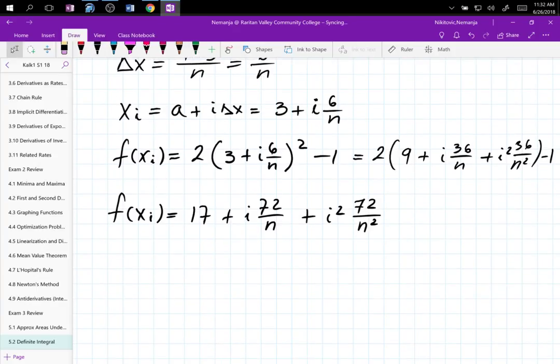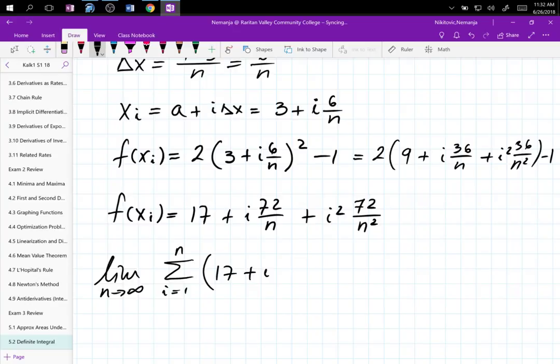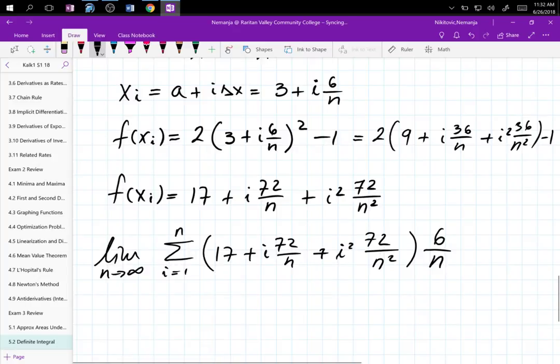Once you have your f of xi, you are ready to set up your limit. So limit n goes to infinity, summation i goes from 1 to n, and then we have the f of xi, all in parentheses, that's 17 plus i 72 over n plus i squared 72 over n squared, times 6 over n.